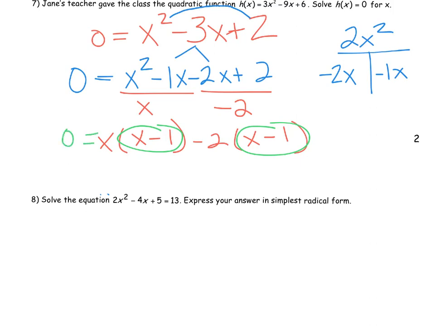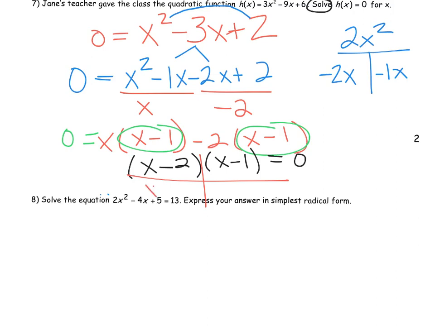Okay, now I can group them. I have x minus 2 with x minus 1. It tells you to solve. Because it says to solve, I need to t-chart and solve for x. I'll get x equals 2 and x equals 1. Because I want you guys to think about it: 2 minus 2 is 0.